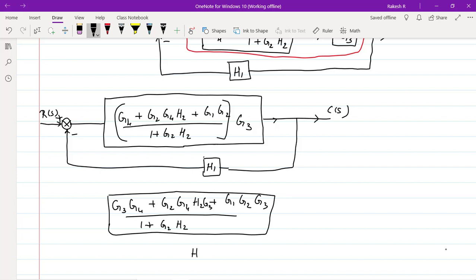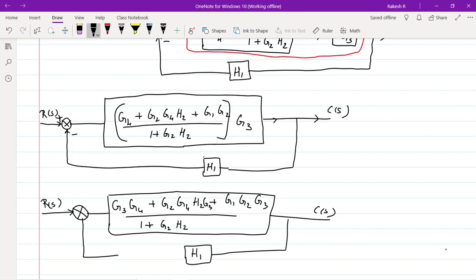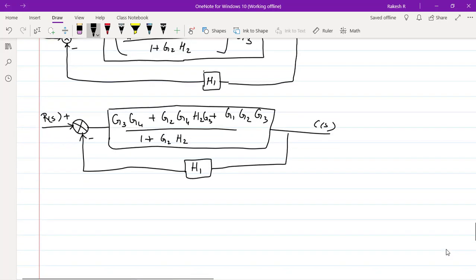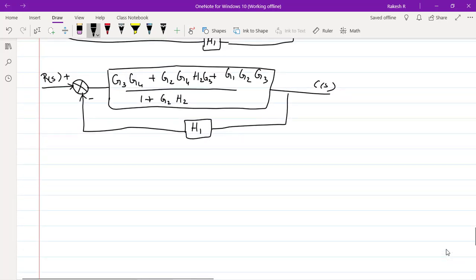And we have the minor loop, that is H1, C of S, and input with the summing point, that is R of S. Negative and this is positive here, right? Now we shall solve this one.